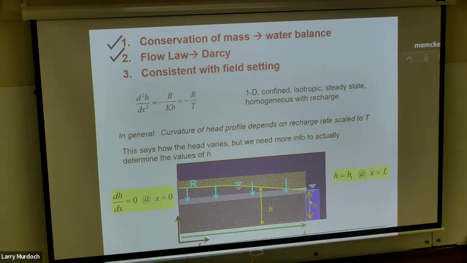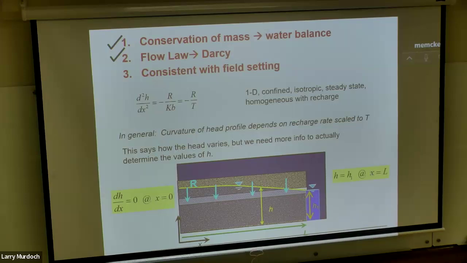And then down at this boundary, we have another condition. The hydraulic head is equal to H1, which is the hydraulic head in the stream, and that applies at a specific location.